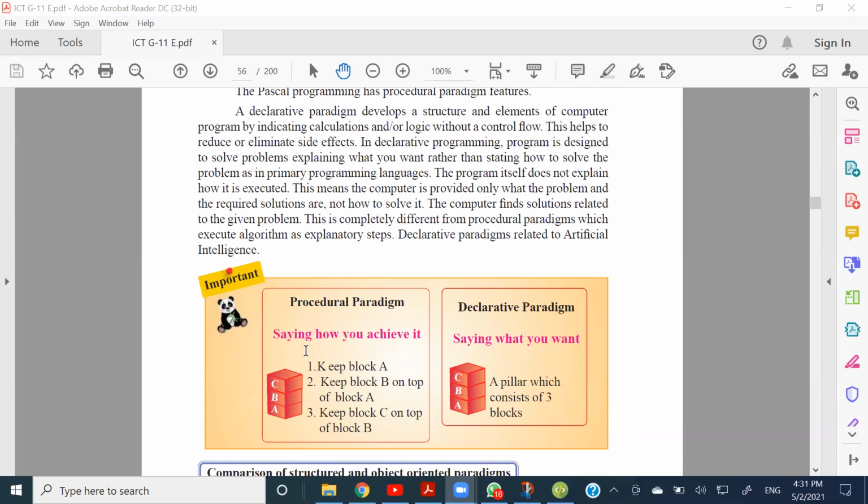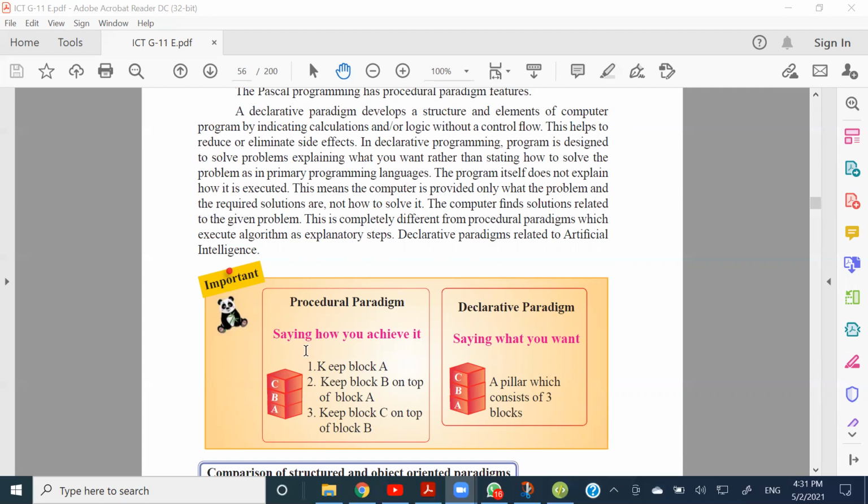So line by line we are explaining, or giving the instructions to the program, how the task should get done, right? In this particular example, they are going to build a column of blocks.